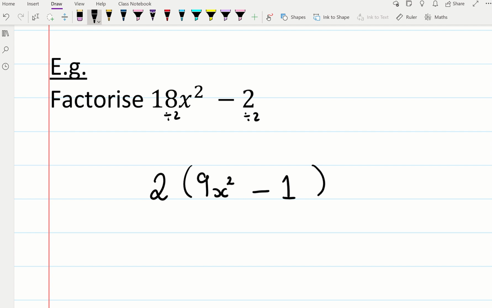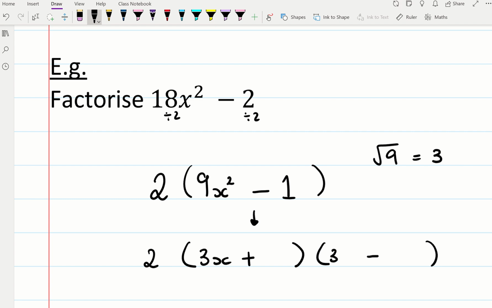At this point, you need to realize or recognize that these are now all squares, and therefore this bracket is made up of the difference between two squares. So this bracket can be factorized into a double bracket, 1 plus, 1 minus. The square root of 9 is 3, so 3x and 3x.